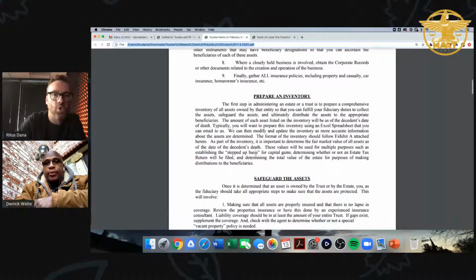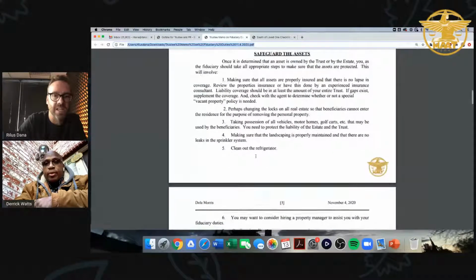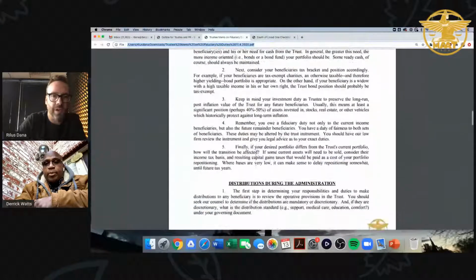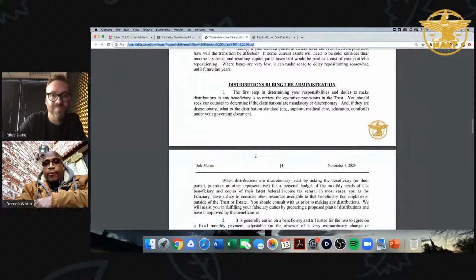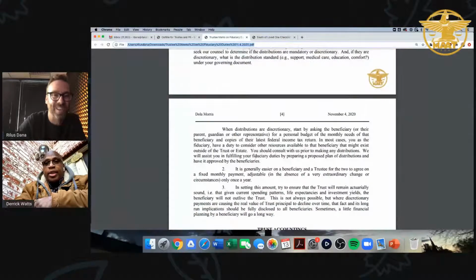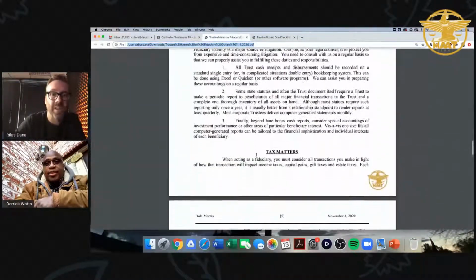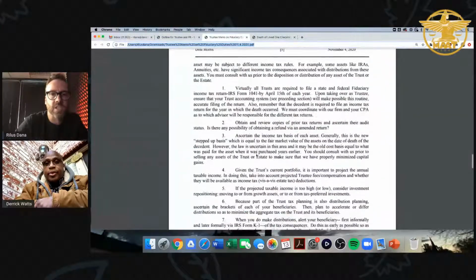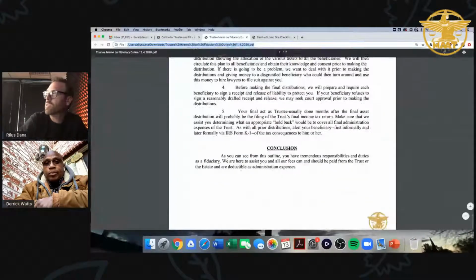Basically we do all these things for them: prepare an inventory of the assets, safeguard the assets, be careful how they invest trust assets. This is kind of the CYA, telling them everything they should be doing, plus trust accounting. I wanted to provide this for you guys to use, because this is what I use.